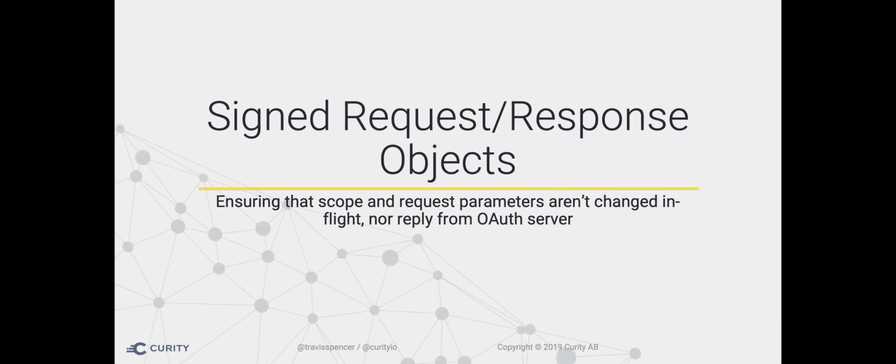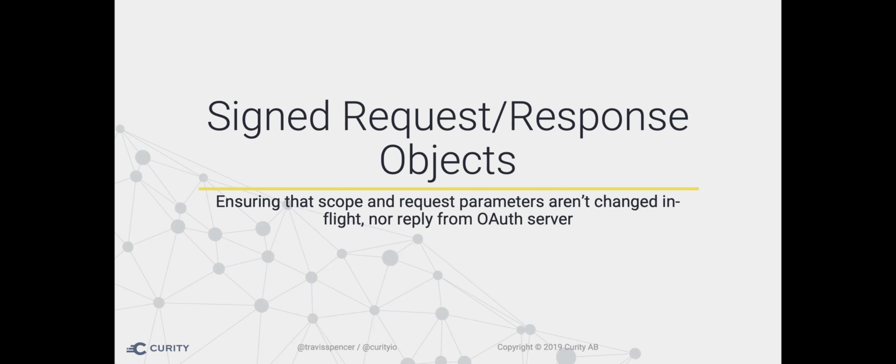All right, another thing to be thinking about as you provide financial grade APIs is that the request and the response that's sent between the client application and the Curity OAuth server isn't tampered with in flight. So the OAuth specification says that that message exchange should be done over transport layer security, over TLS.